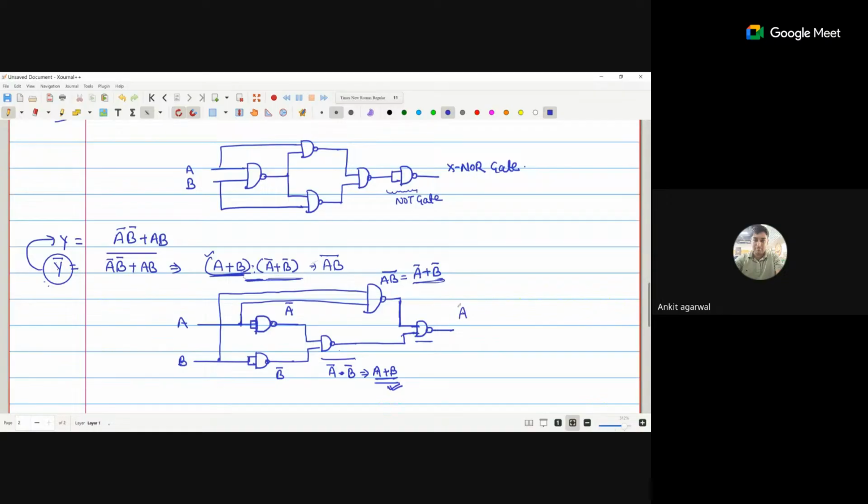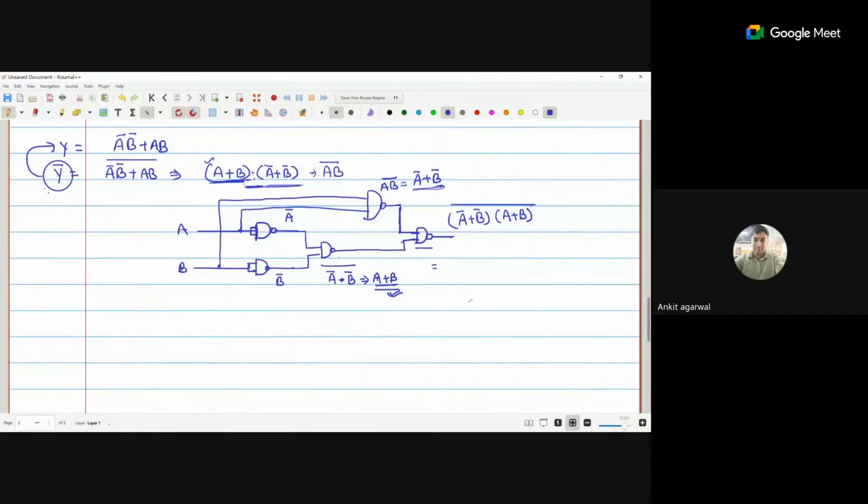So A bar plus B bar, A plus B whole bar. If I solve this, A bar plus B bar whole bar plus A plus B whole bar, if I break this one, it becomes AB plus A bar B bar.